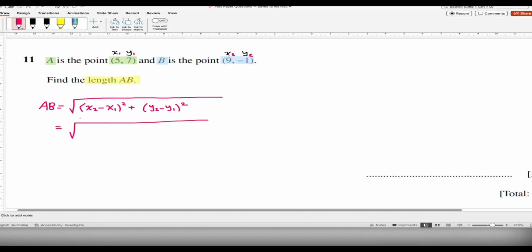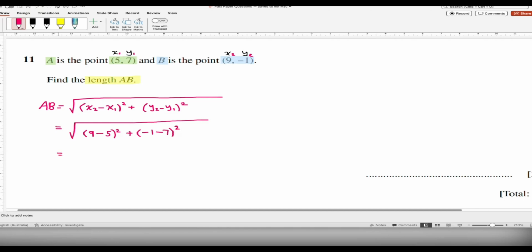Okay, so x2 is equal to 9, x1 is equal to 5. All right. And now I'm moving on to the y values. So my second y value is equal to -1, my first y value is equal to 7, so I'm subtracting 7, and you have to remember to square it.